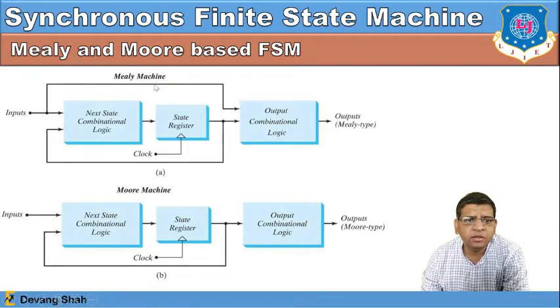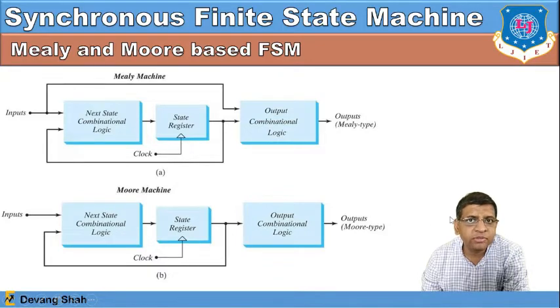In the Mealy machine, the output depends on the direct input as well as the present state. In the same way, in the Moore machine, see, this direct input is missing, right? That's the difference: in a Moore machine the next state combinational logic is applied to the state register, and that output is fed back to the input, but there is no relation between the input and the output combinational logic, right?